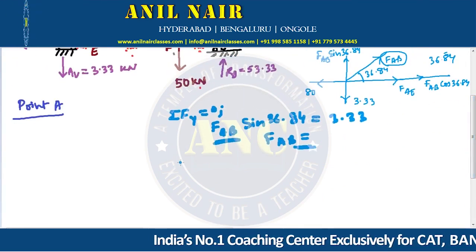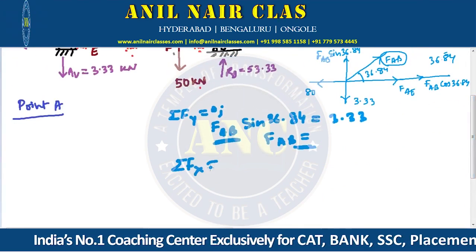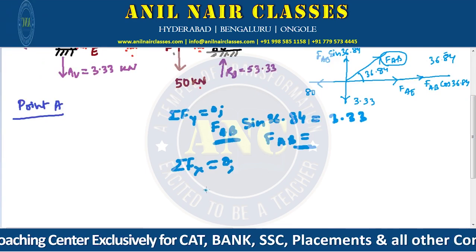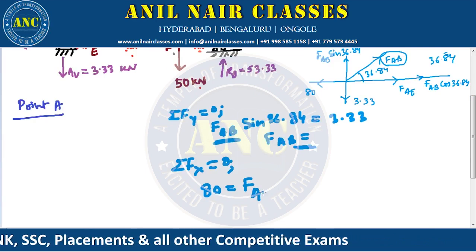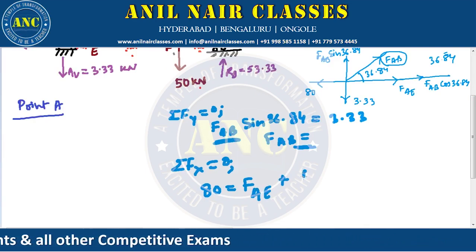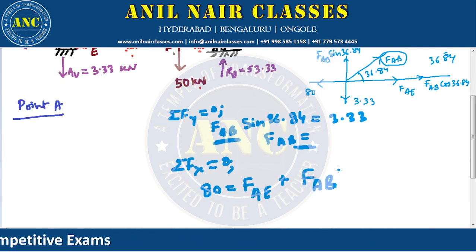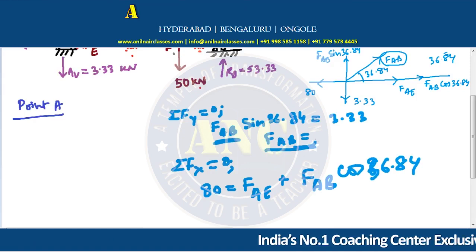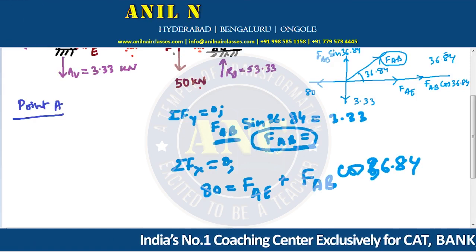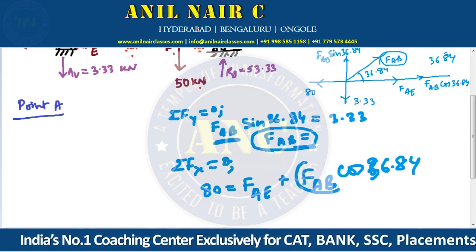So now we can take it for the x direction. So what will it be? 80 is equal to FAE plus FAB cos 36.84. From the above, that is by resolving in the y direction, we have already got this value of FAB.